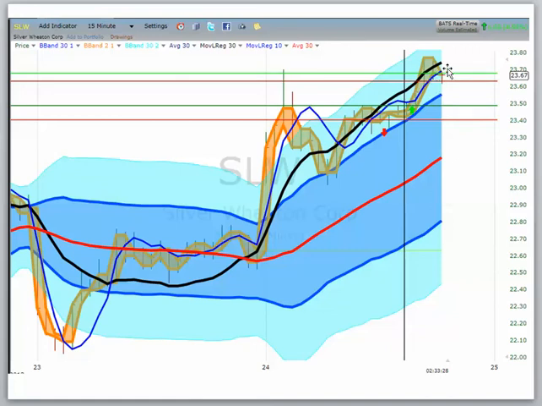So we really like this as a continuation pattern after a regression line crossover outside the river, which doesn't fail but just continues to move out. This entry is also indicated here because it made a new ribbon high.